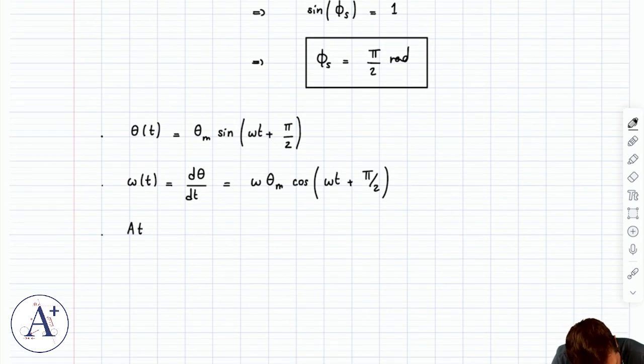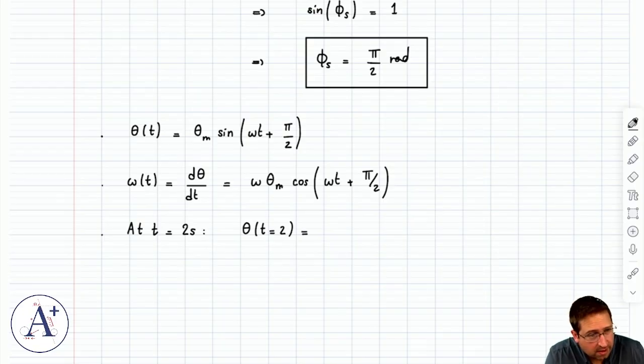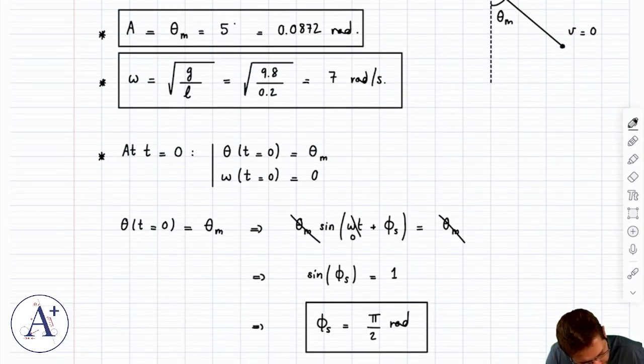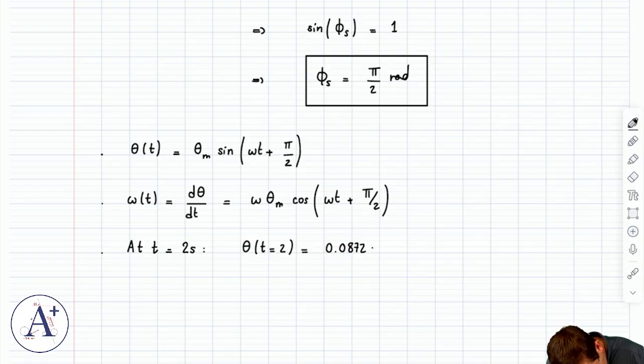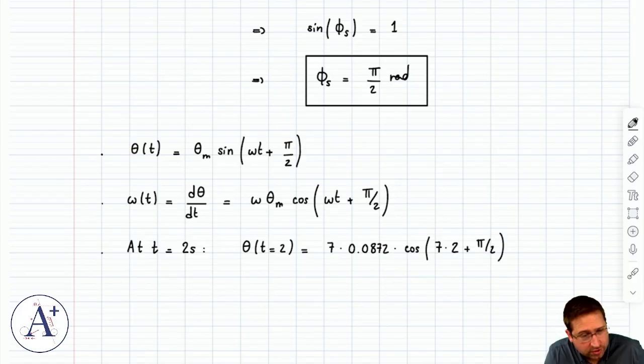And at t is equal to 2 seconds, omega at t equals 2 is going to be omega, which is 7, times theta m, which is 0.0872, times cosine of omega t, that is 7 times 2, plus pi over 2.